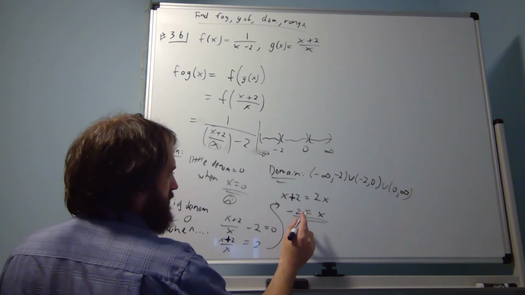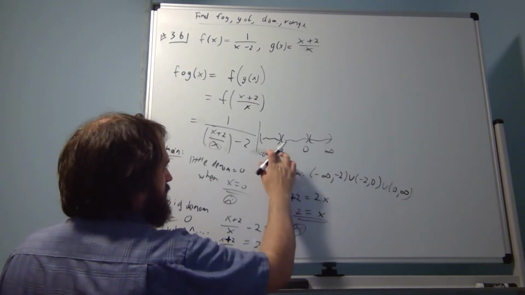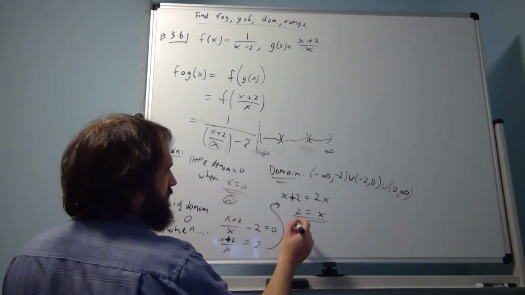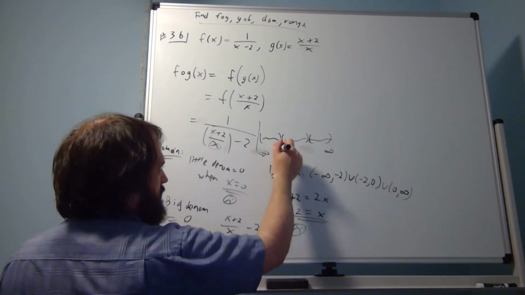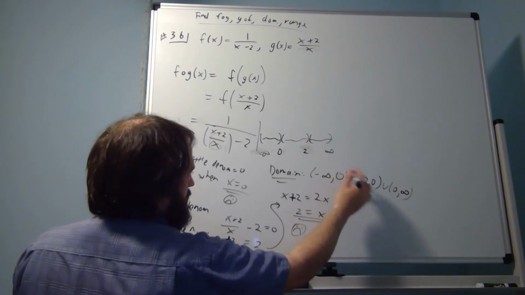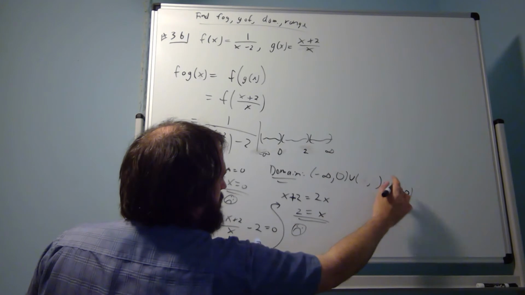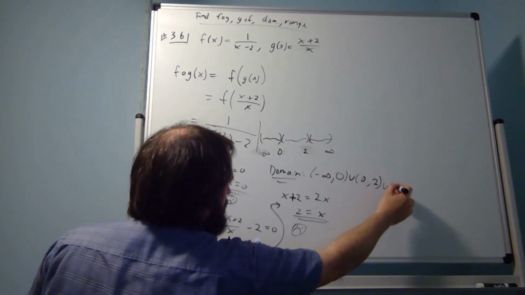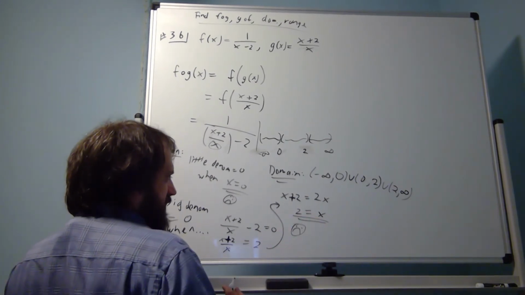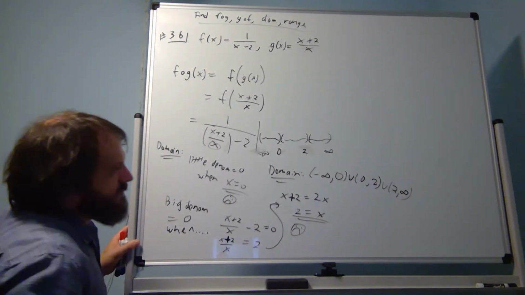Let's fix that. Okay, let me redraw the whole picture. So the bad numbers were 0, which is the first place that it's bad, and then +2. I was double checking it in my head really quickly, and this one was the issue.